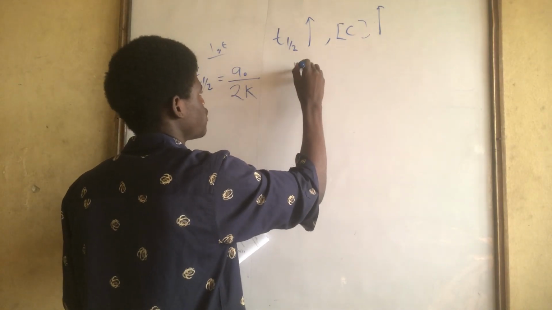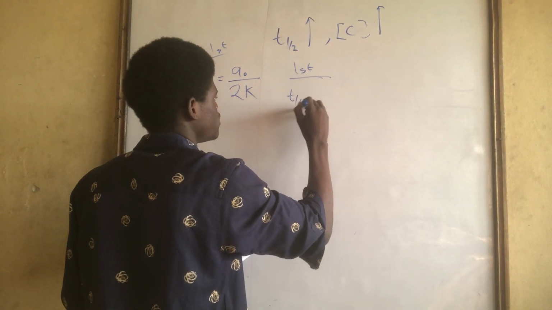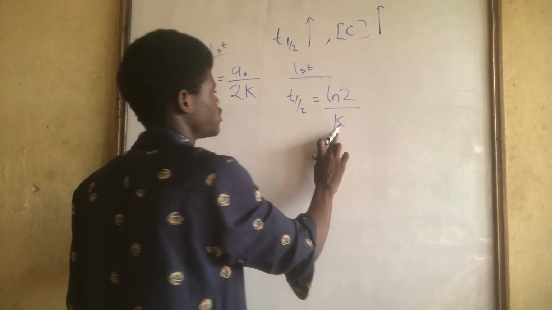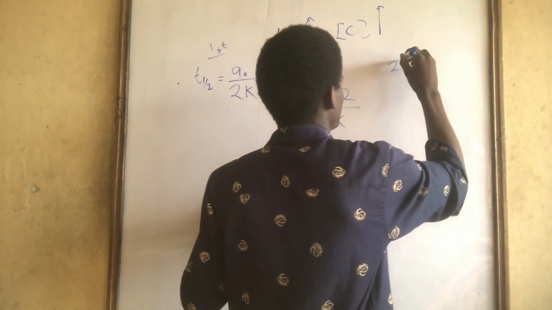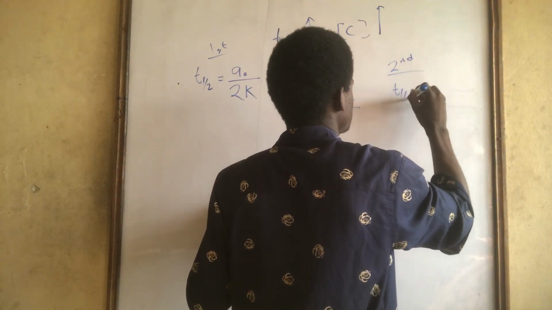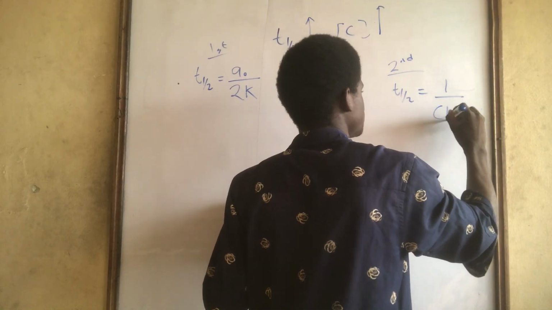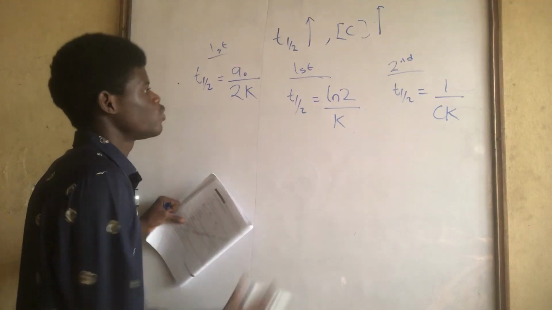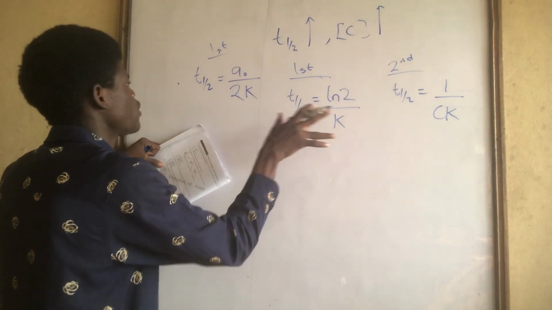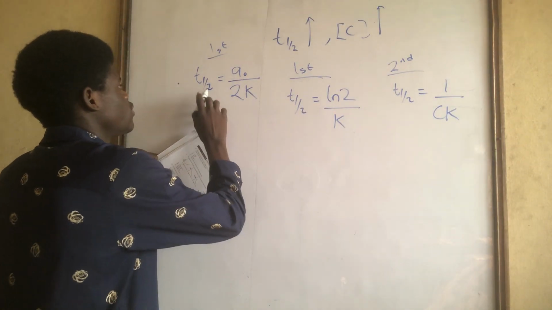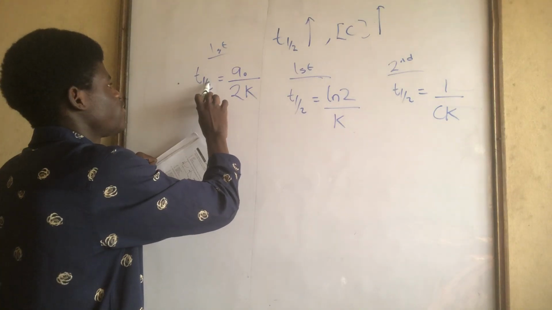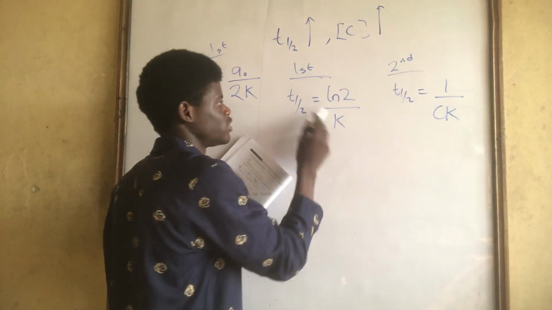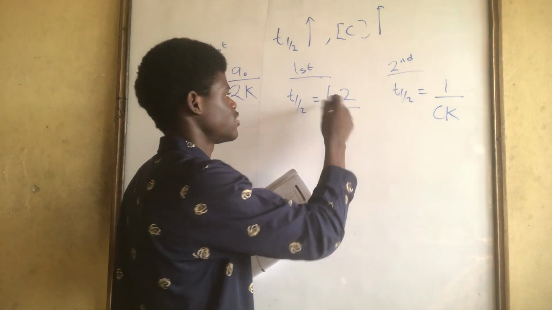For first order, the half-life is ln 2 over k, where k is the rate constant. While for second order, the half-life is 1 over the initial concentration times the rate constant. Looking at this, the half-life is directly proportional to the initial concentration for zeroth order. For first order, the half-life does not depend on initial concentration, as you cannot see any concentration in this equation.